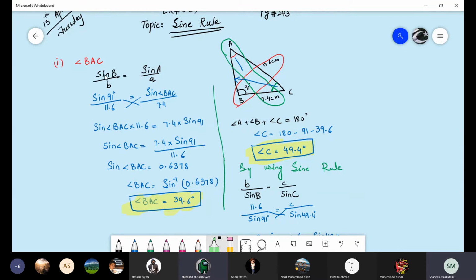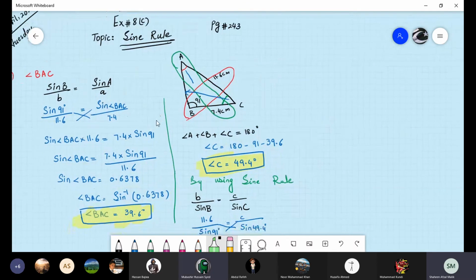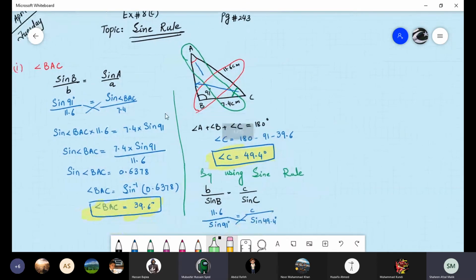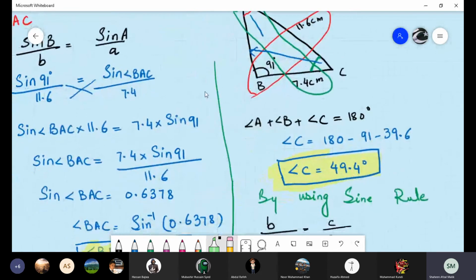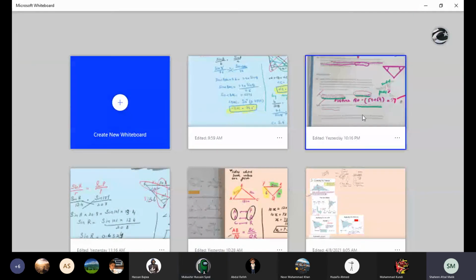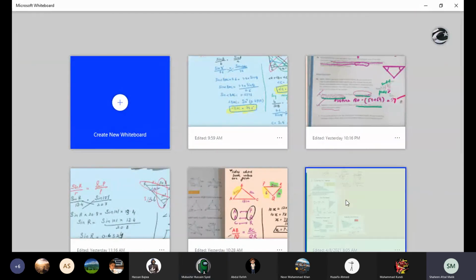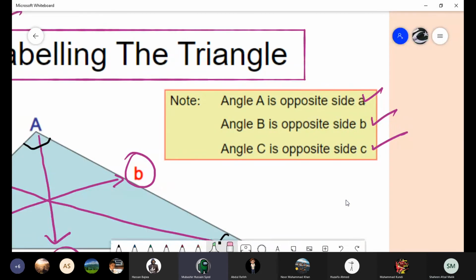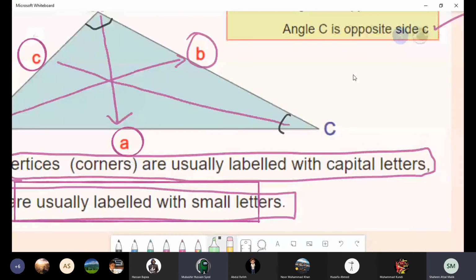Yes, because when I explained to you, Mubashir, do you remember that I told you that when we want to find the angles, we use the sine rule? Wait, one second. I have all those slides here somewhere. Yes, here. Look at this one. What is the sine rule?